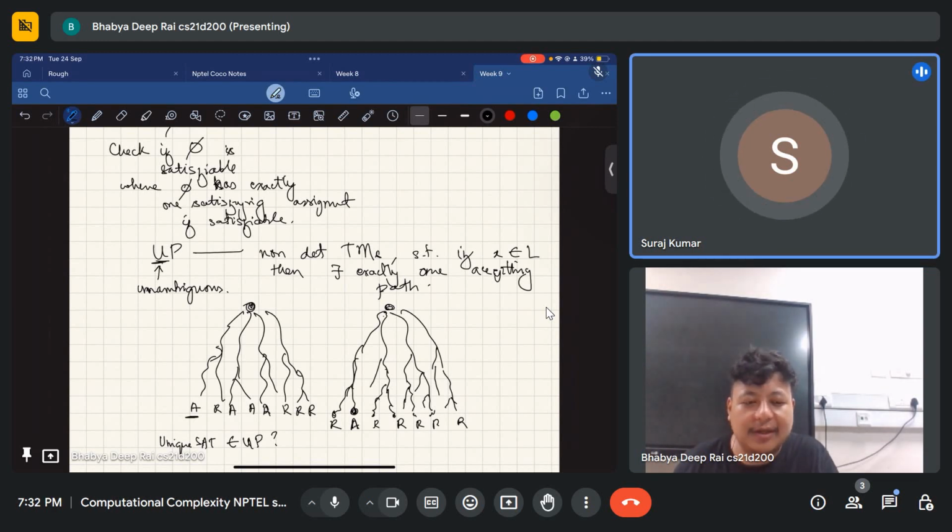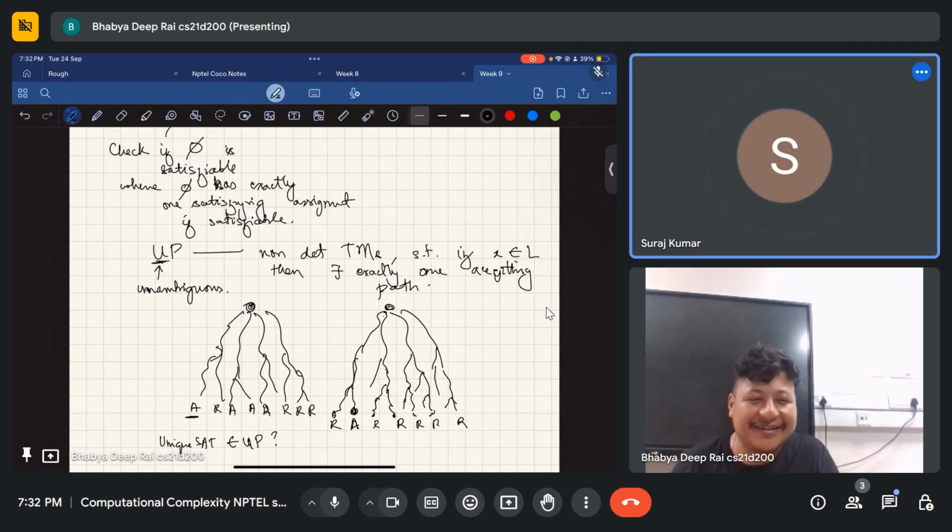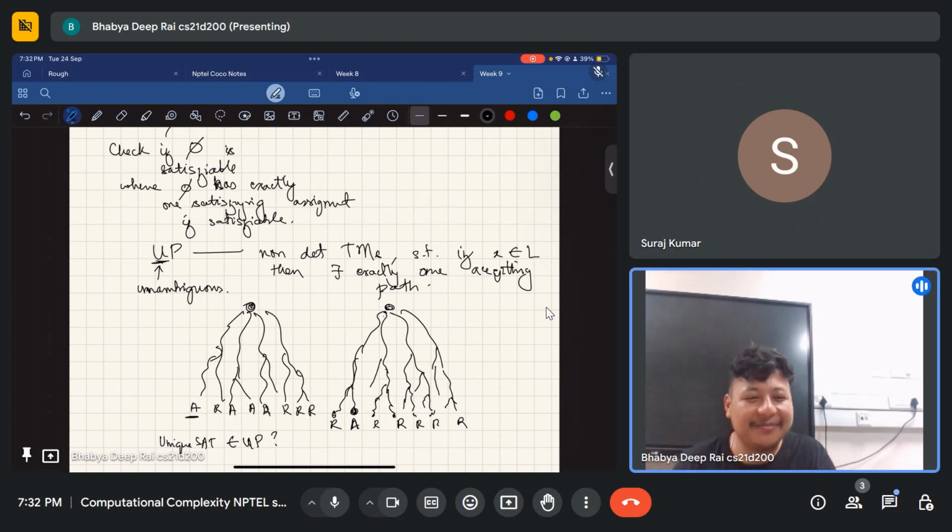It can be more than one also. But why can it be more than one? I promise you that the number of satisfying assignments is exactly one if it is satisfiable. Then it can be only zero or one, right? So unique SAT is a promise problem that promises a unique satisfying assignment for that formula.